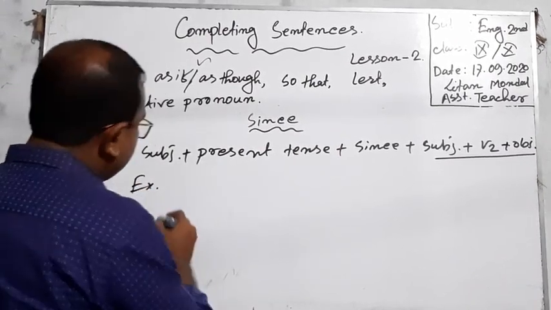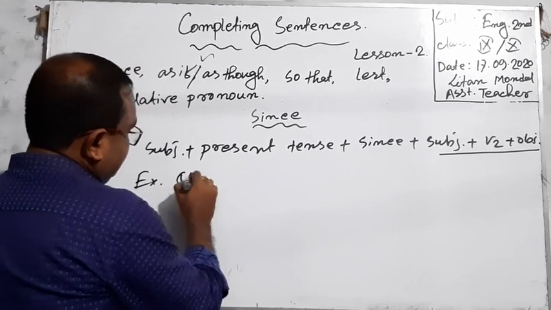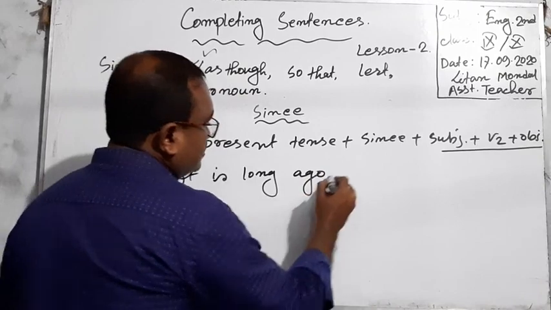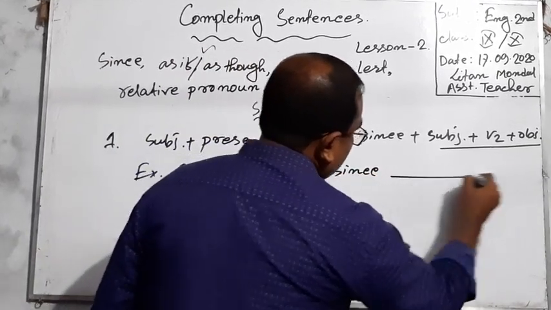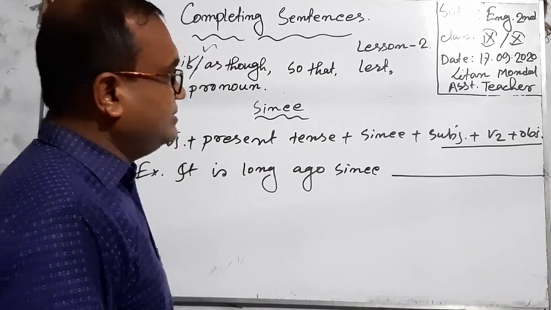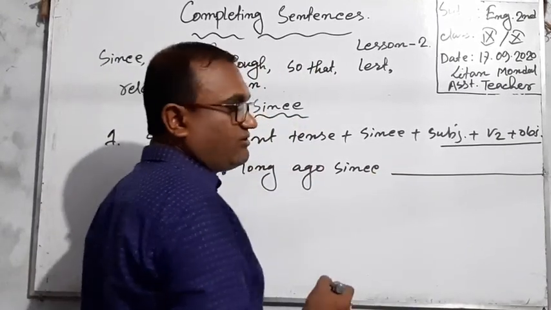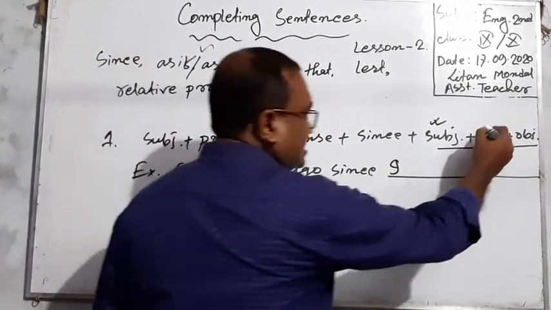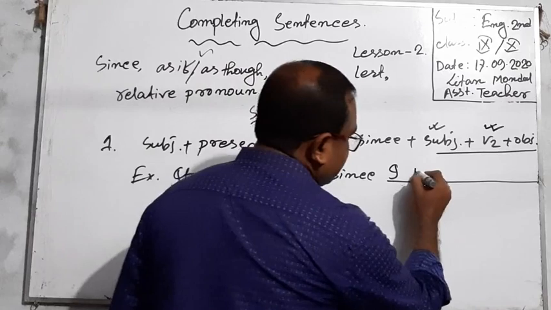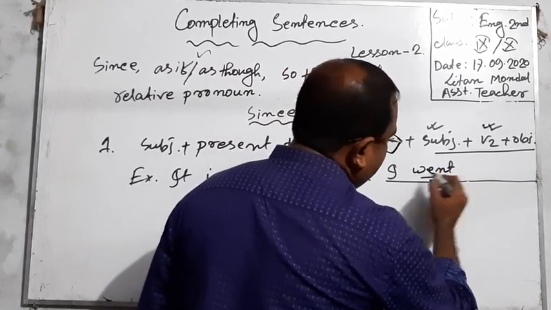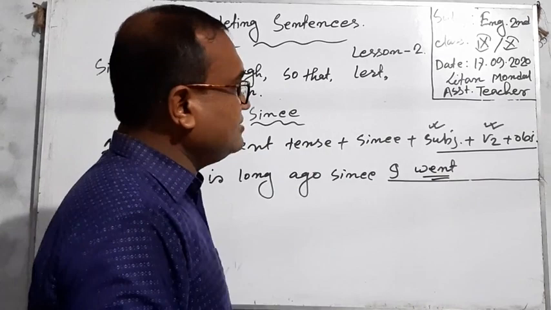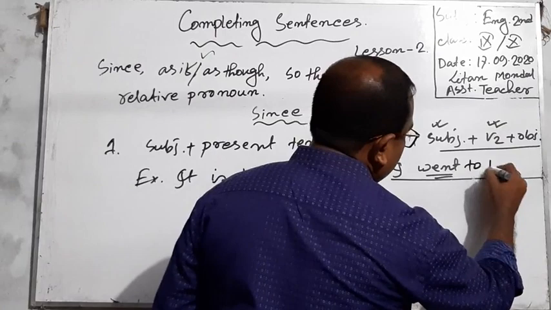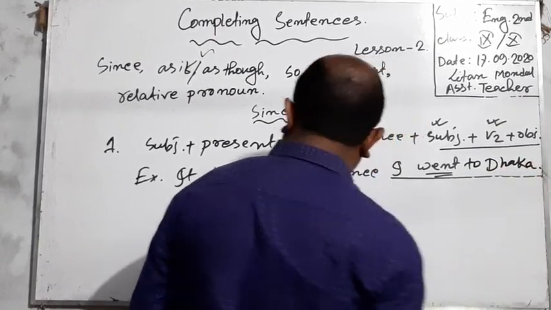We'll take an example now. It is long ago since I went to Dhaka. To complete the clause, first we need a subject, here I, then V2 of go, which is went, and then the object.